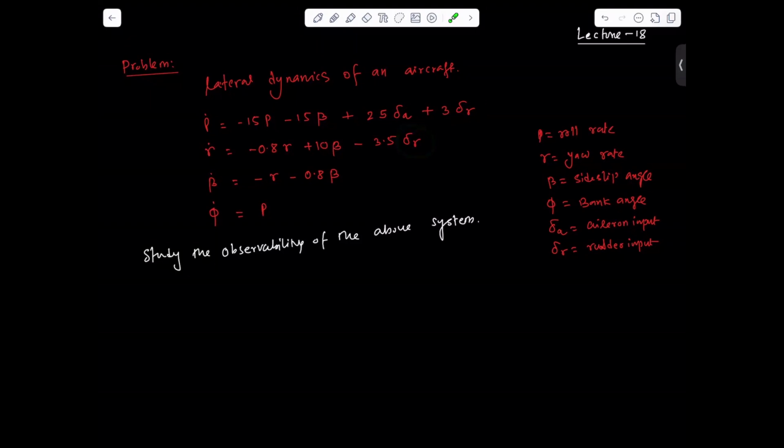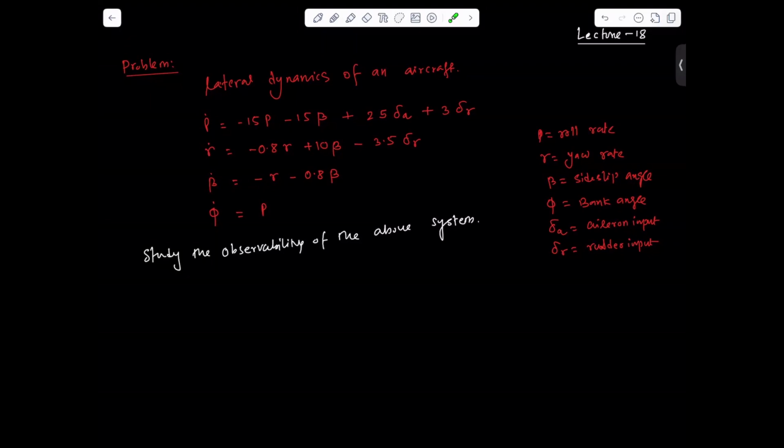And we have the beta dot dynamics, where r and beta are the state variables. Here phi dot equals p, and phi is the bank angle of the aircraft. This is basically the lateral dynamics of the aircraft system.